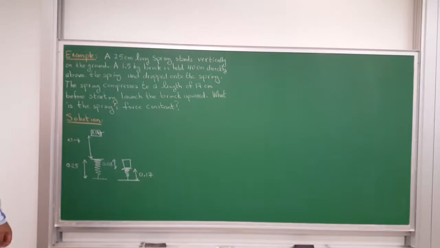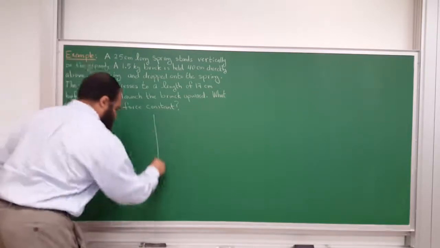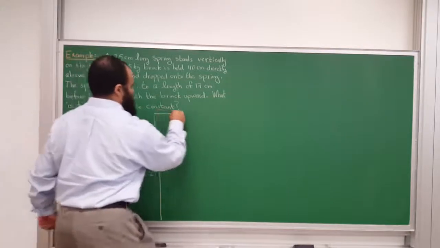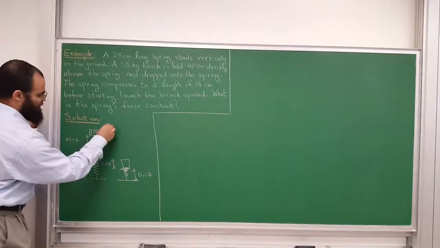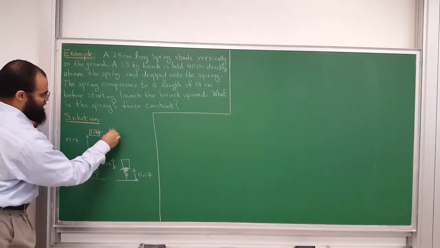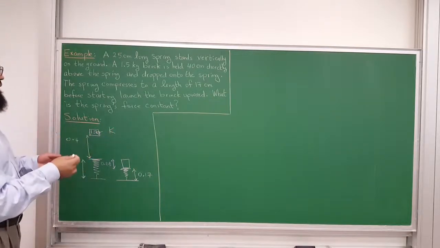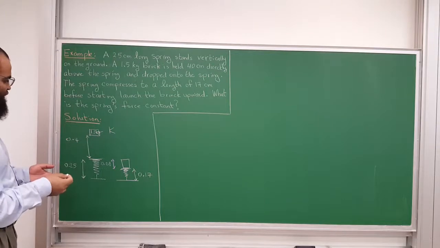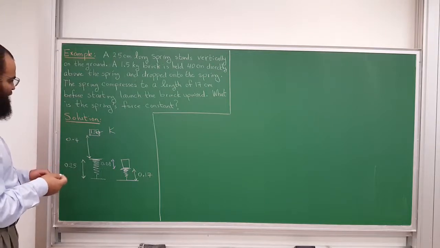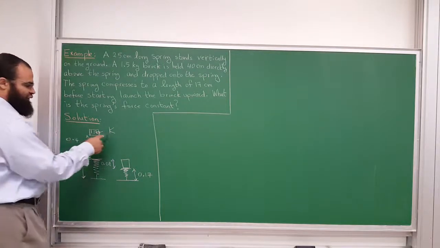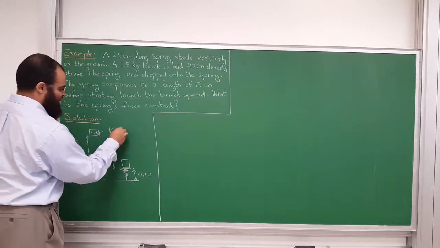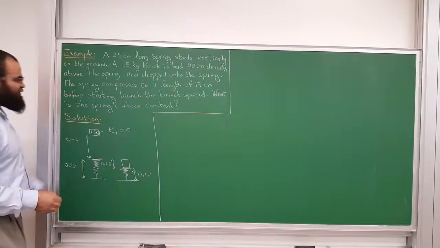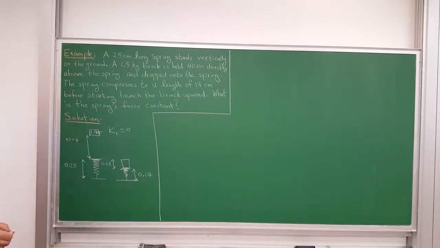Oh, okay. Well, we have a mass. What is the kinetic energy of the mass? We're in the chapter of energy. We could use Newton's laws, but let's use the conservation of energy. So the kinetic energy at step 1 is equal to 0 because the mass is not moving.